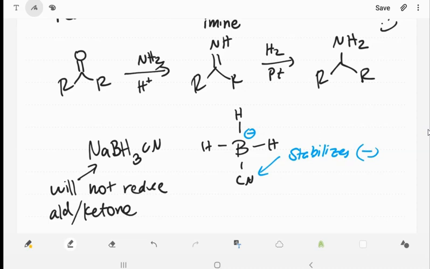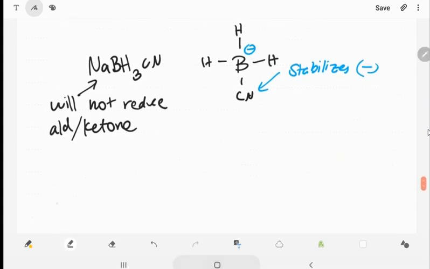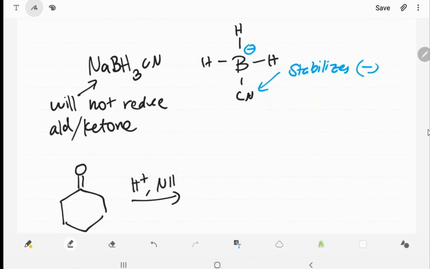And so you can just chuck it in along with your other materials. So you can say, aha, I'm going to take my happy ketone, I'm going to go ahead and put my catalyst, my amine, and this cyano thing.